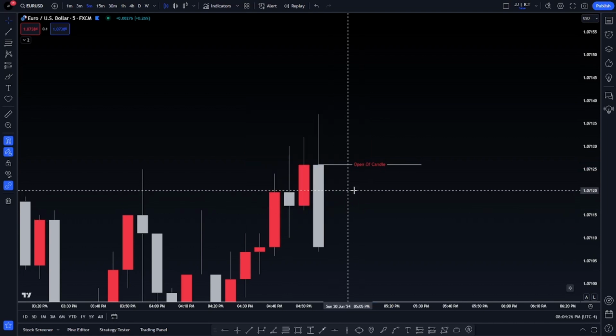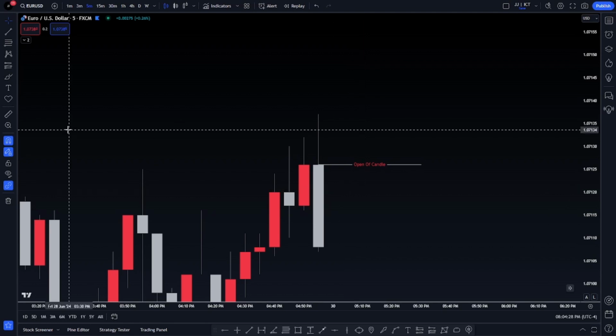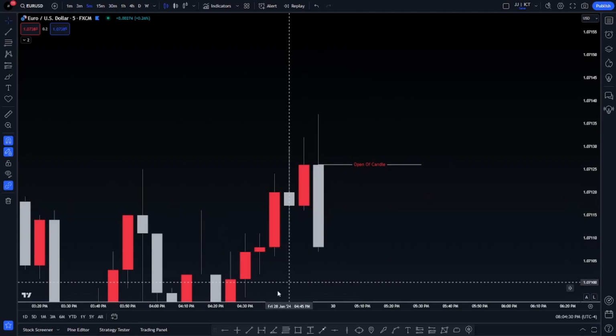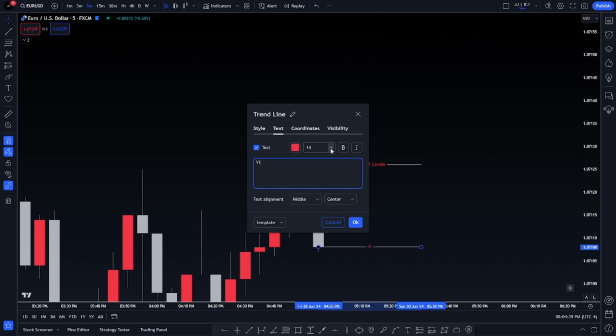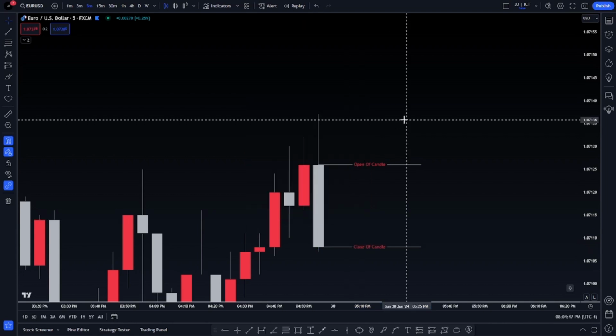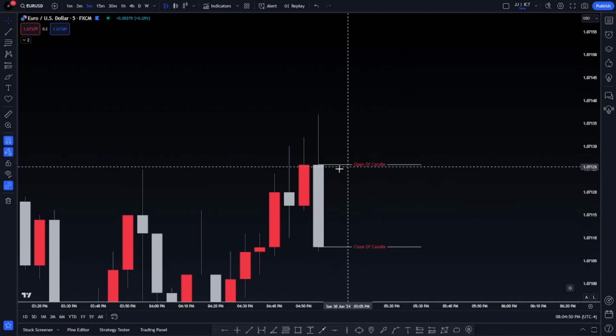So that is the open of candle right there. And like I said, the close would be down here. So I'm going to mark these levels so you can have a better understanding, so you won't have to use your brain too hard, because I'll try to help you understand this the most. Okay? So this is the open of the candle and the close of the candle.